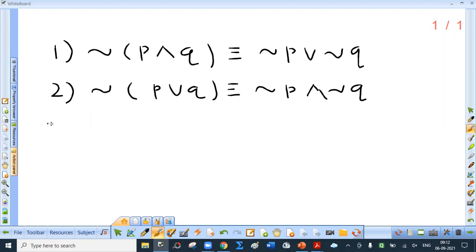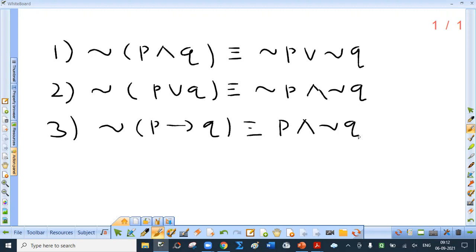Now the third rule, you have to remember this as it is. Of course, we are going to verify this by constructing the truth table. Then comes negation of implication. Negation of P implies Q is P and not Q. Now you will ask me, sir, tell me the logic for this.